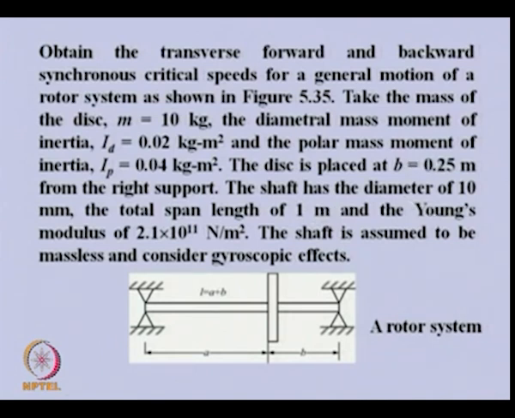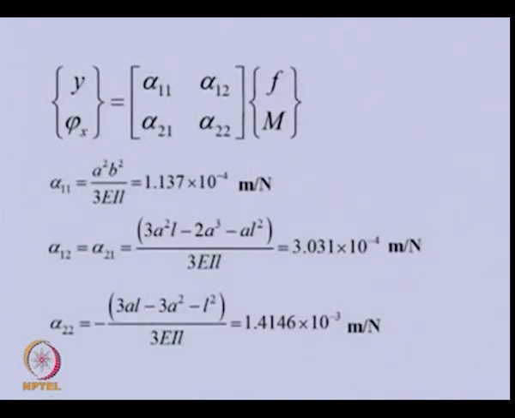All the dimensions are given here. Influence coefficients for the simply supported beam with offset disks are defined like this, so for given values we can obtain them.